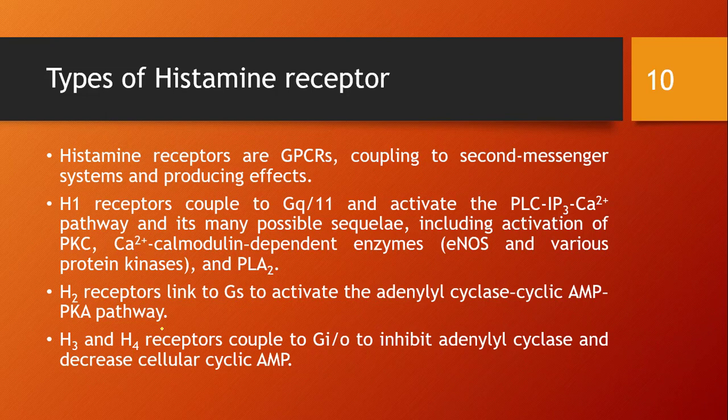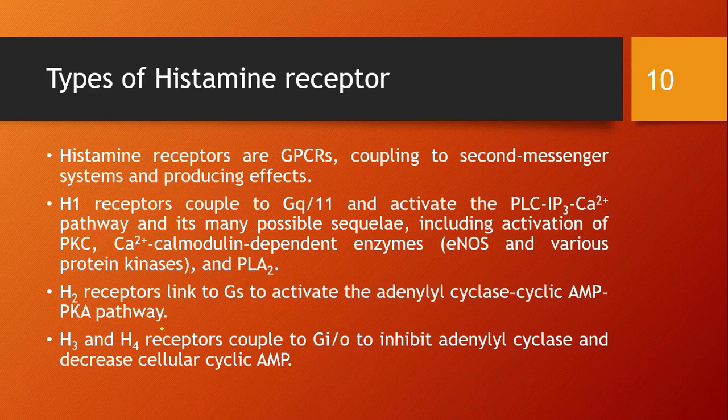So it activates the PKC, then calcium calmodulin dependent enzymes like eNOS and various protein kinases, and also it leads to activation of PLA2. The H2 receptor is linked internally to the Gs protein, and thus it acts via the adenylyl cyclase cAMP pathway.